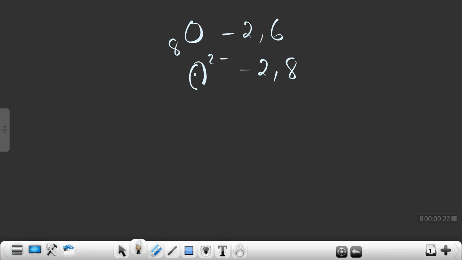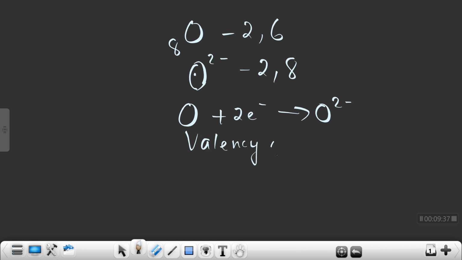So it is called an anion. And look here, oxygen gains 2 electrons, then it will become O2 minus. So the valency of oxygen equals 2.